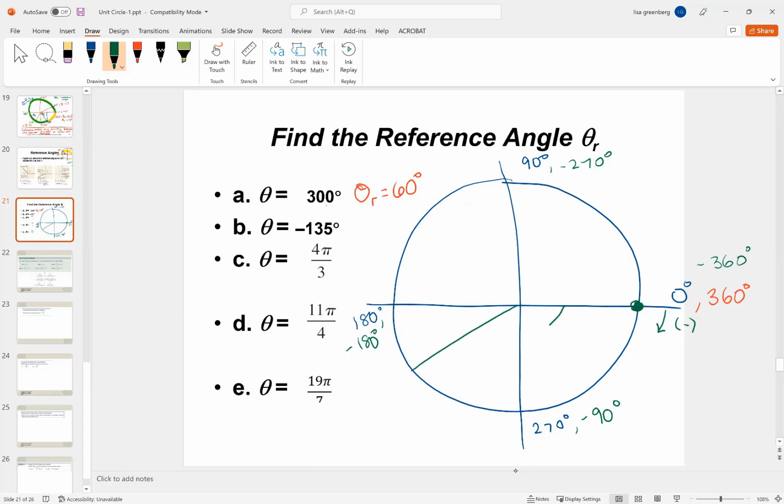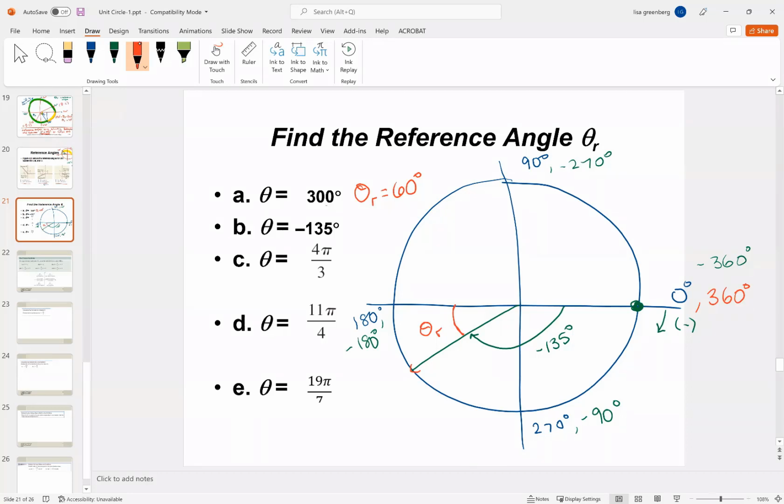From here to here is negative 135 degrees. And what I want to know still, since this is the terminal side, is what value connects the terminal side to the closest x-axis. What can I do here to find that value? Any ideas? I did 180 minus 135. 180 minus 135.